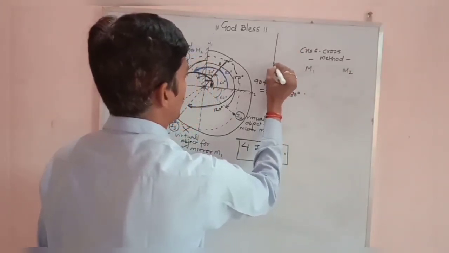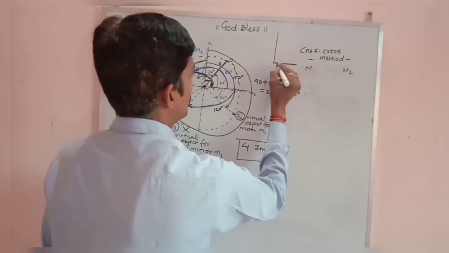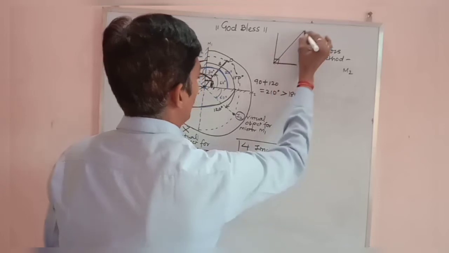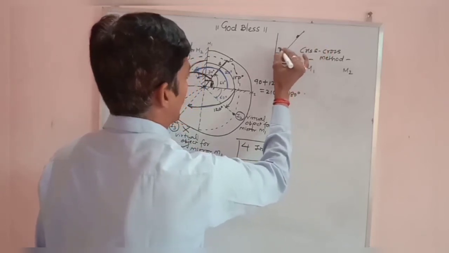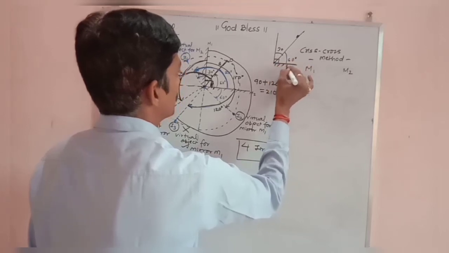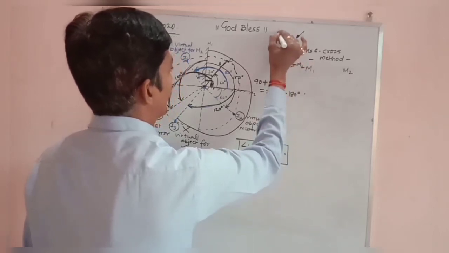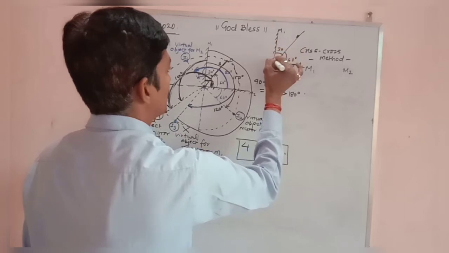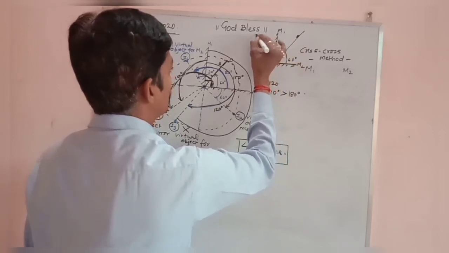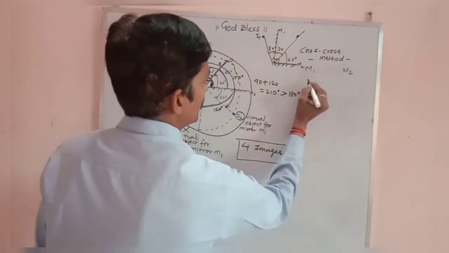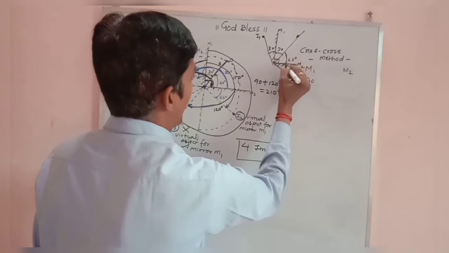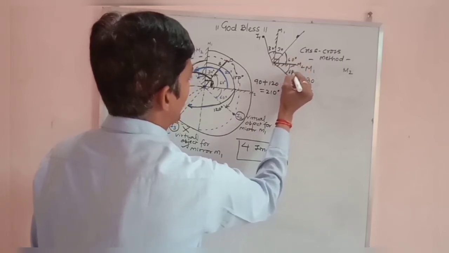Between the two mirrors, what is the angle? 90 degrees. But the object was at 30 degrees from one and 60 degrees from the other. This is M2 and this is M1. So the first image for M1 is formed at 30 degrees, and for M2 the image is formed at 60 degrees.